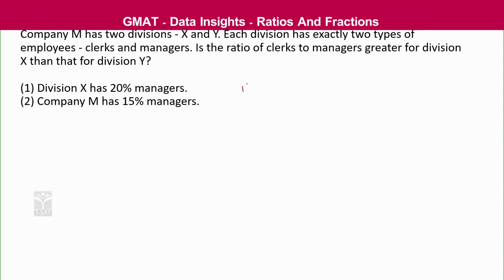From just the first statement, you need the ratio of clerks to managers: is it greater for division X than Y? Is it that way or not is what the question is asking us.